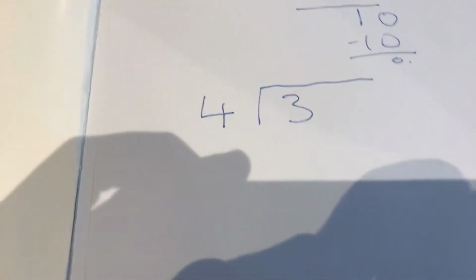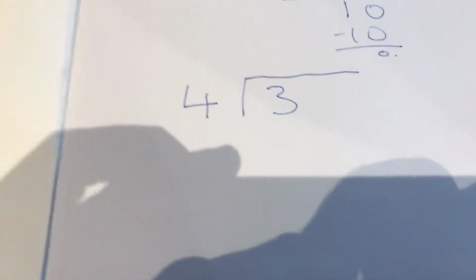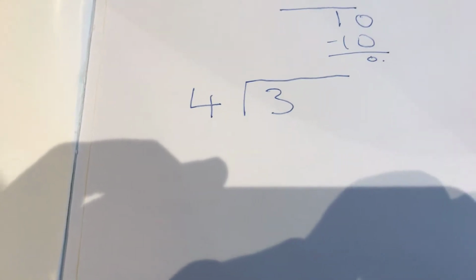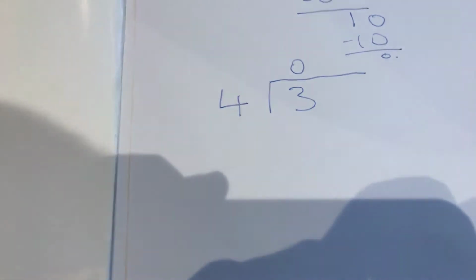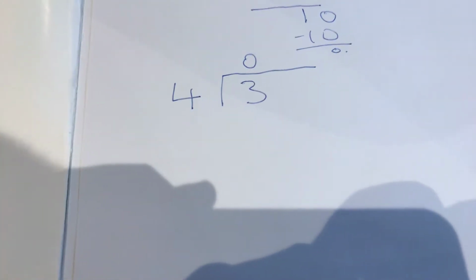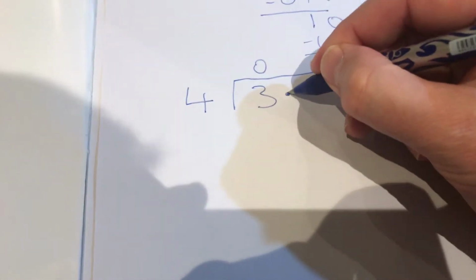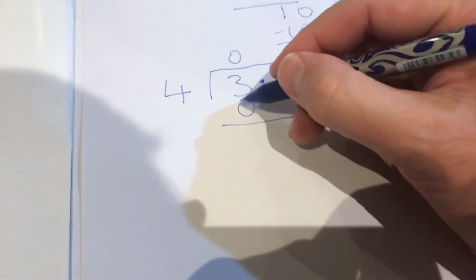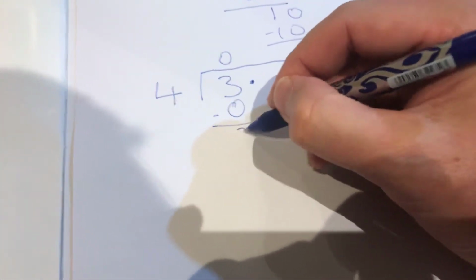Now just another quick example down here. This one, I've got whole numbers, but this lesson's about decimals. So what's going on here? Well, how many 4's go into 3? Well, we got 0. Where's the decimal point for this 3? We can put one here, can't we? So 0 times 4 is 0. 3 take 0 is 3.